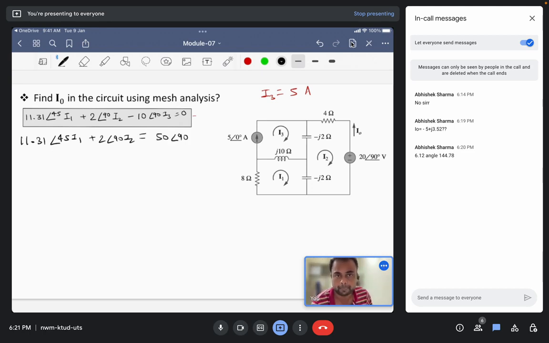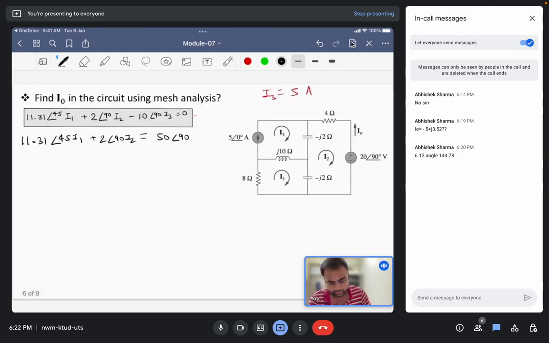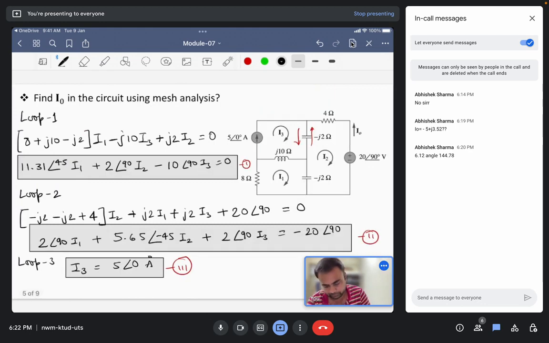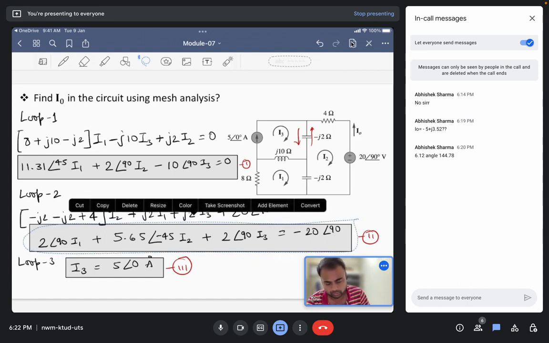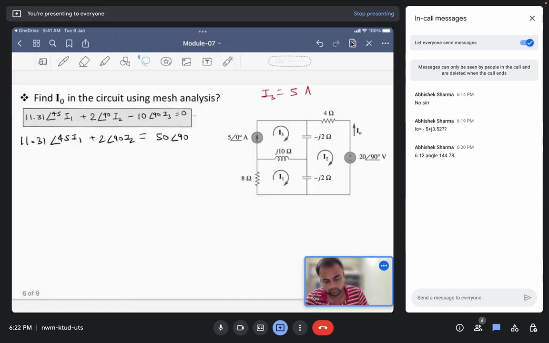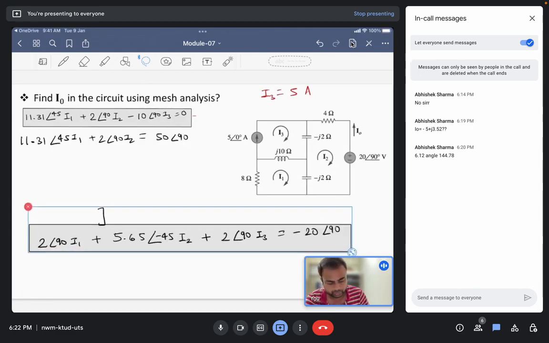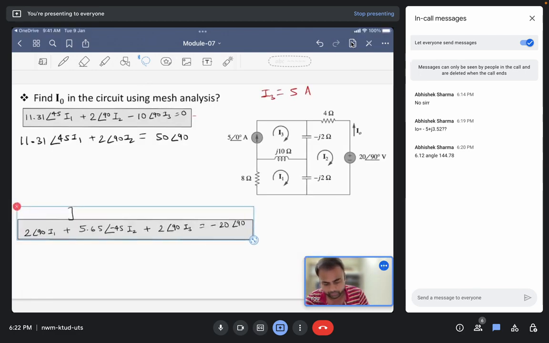And for the second equation, equation number 2, we again substitute I3 as 5.